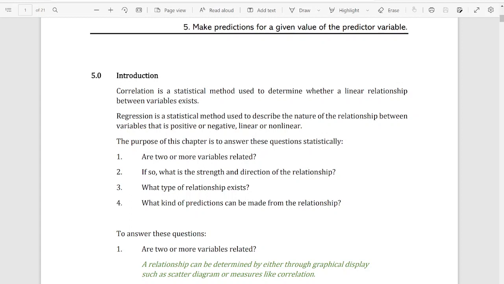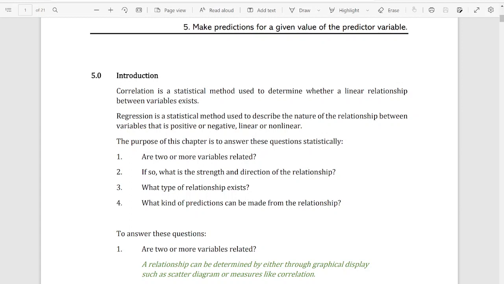Apakah kaedah telahan ataupun forecasting prediction yang kita boleh buat daripada kita punya perkaitan yang kita dapati tadi. Okay, itu adalah persoalan yang kita nak jawab dalam topik ni. Okay, itulah content yang kita nak lihat.